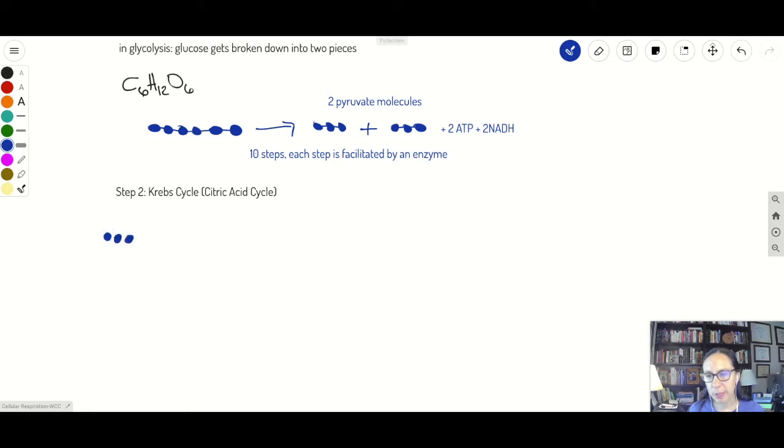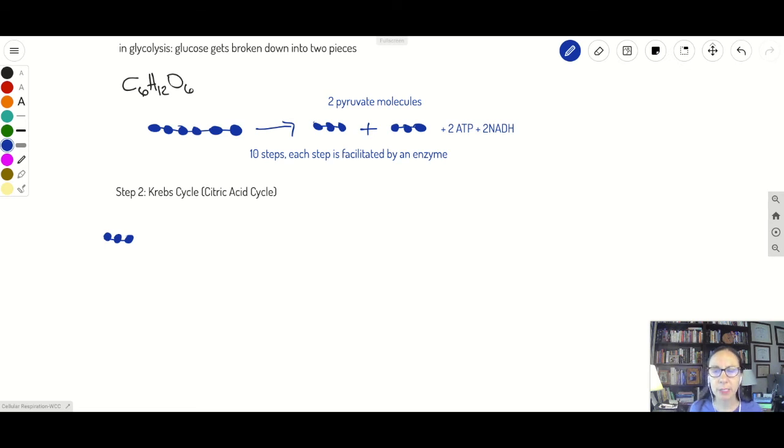Okay, and so each pyruvate molecule is going to go through one at a time. So I'm just going to draw the cycle for one, and then you could just double it because you can assume that the second one is also going to go through. And so what's going to happen is this pyruvate molecule is going to go into this cycle.